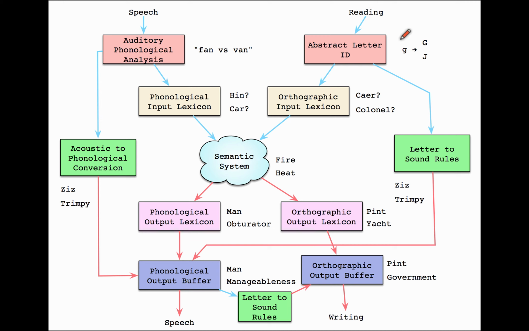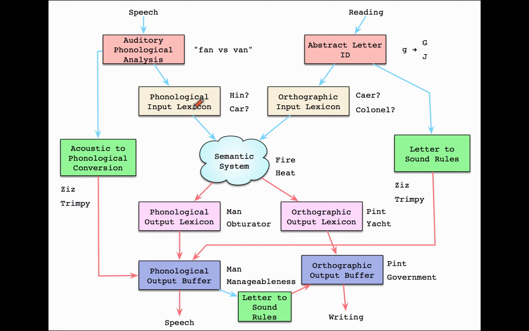Once we've done abstract letter identification and we've kind of seen the word as a whole, we match this string of identified letters with a lexical item that we've already been exposed to in the past. So notice here that according to this model, we have two separate lexicons.